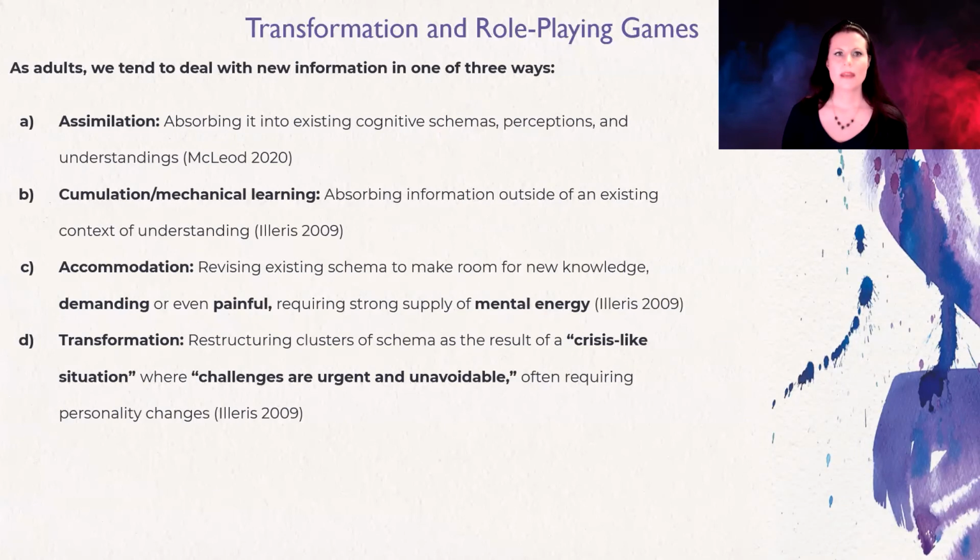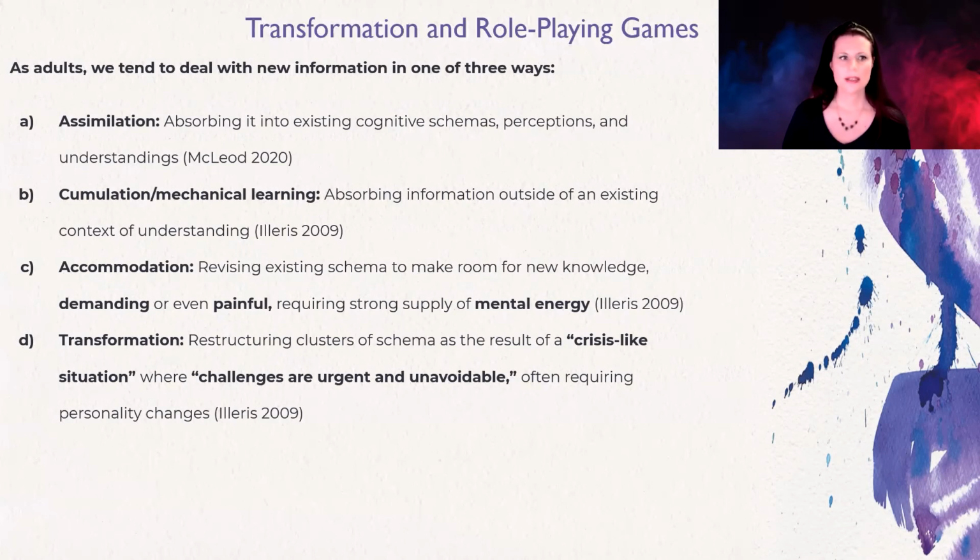So whenever we have this new information come in, according to Jean Piaget, we can assimilate it, meaning we can absorb it into our existing cognitive schemas, perceptions, and understandings. So it's a complex way of understanding the way that the brain absorbs information, but essentially we have these models that are created and we fit information into those models or into those categories. And so we find some way to fit it in, to assimilate it.